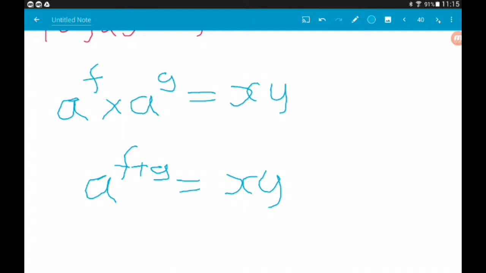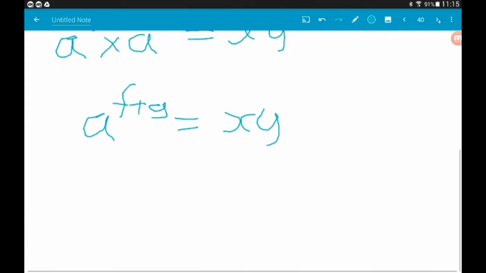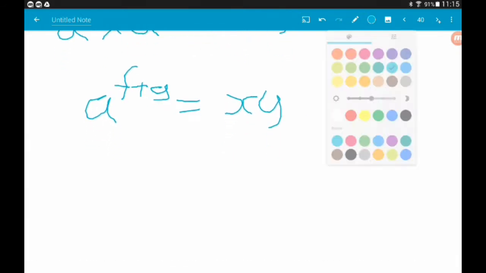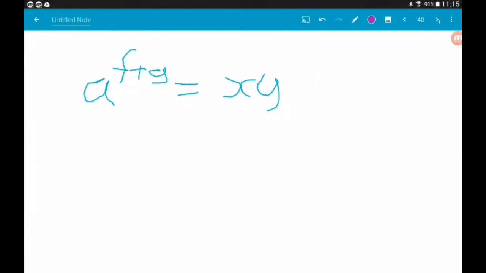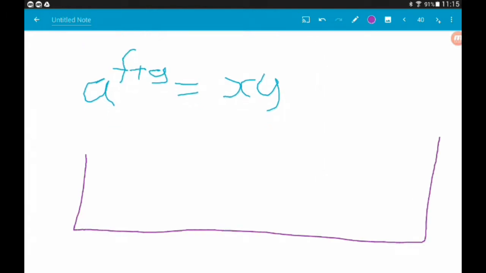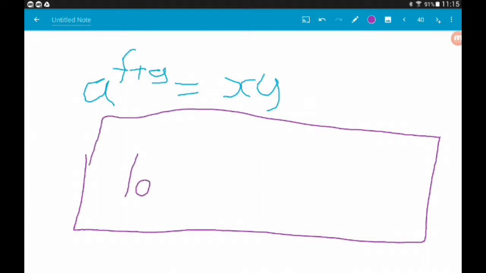So what we need to do now is log both sides. Before we do that though, I just want to remind you of something, and that is if we take the log base a of a to the power x, remember that is asking what power of a is equal to a to the power of x.